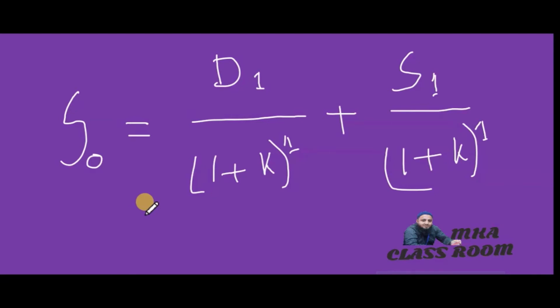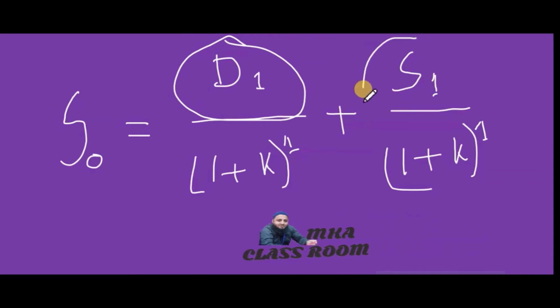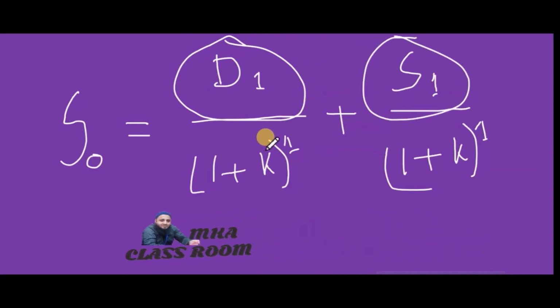K is the rate of return required by the investor. So these are the 1 year holding period valuation model: D1 is the dividend received during the period, and S1 is the selling price of the share.